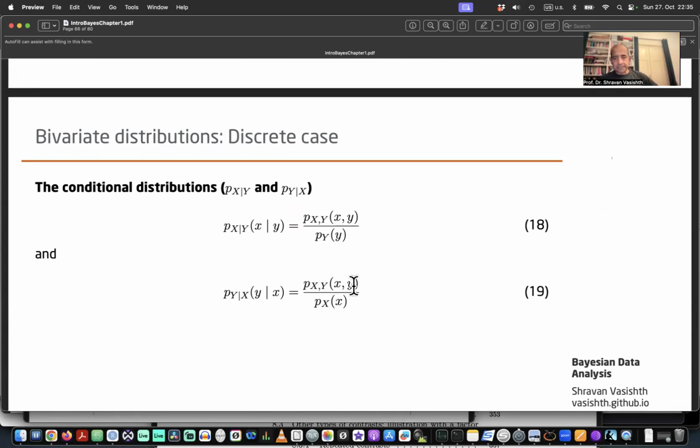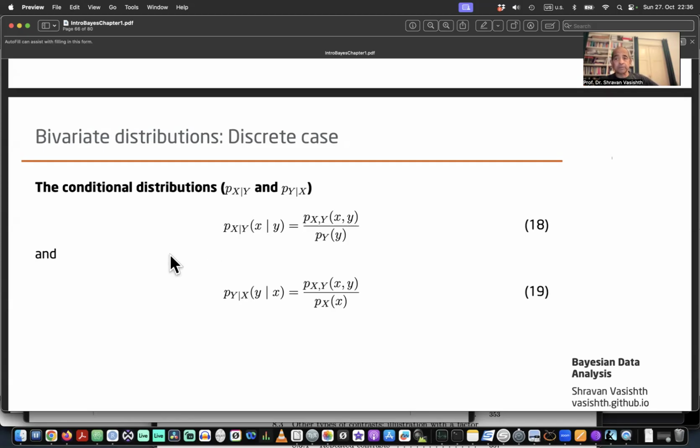The definition is in equation 18 and 19 here for each of the two conditional distributions. So the conditional distribution of x given y, which is written like this in equation 18, is going to be the joint probability of x and y divided by the probability of y, right? That's the definition of conditional probability. So you can use this equation now to compute the conditional distribution.